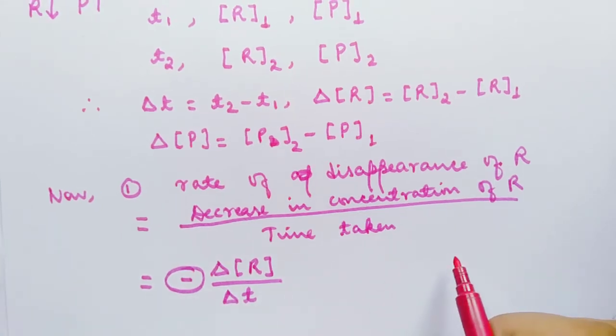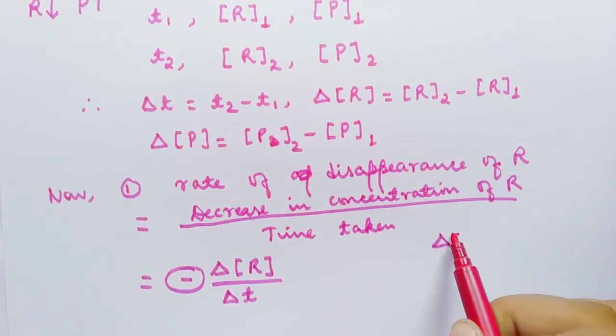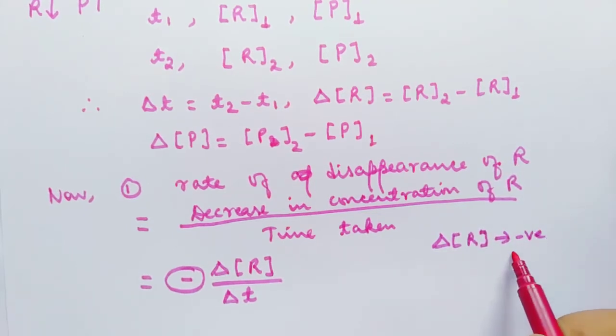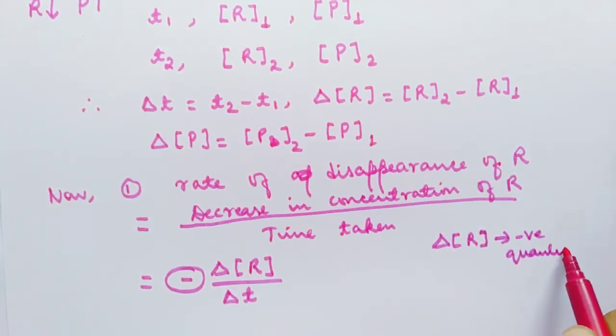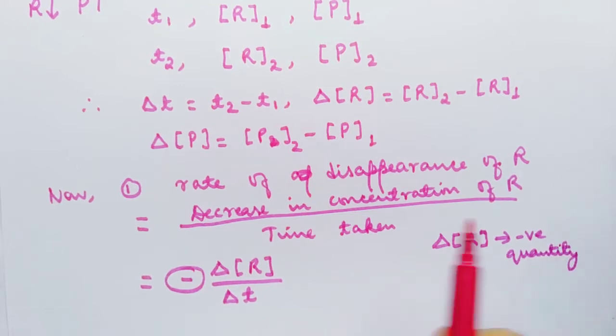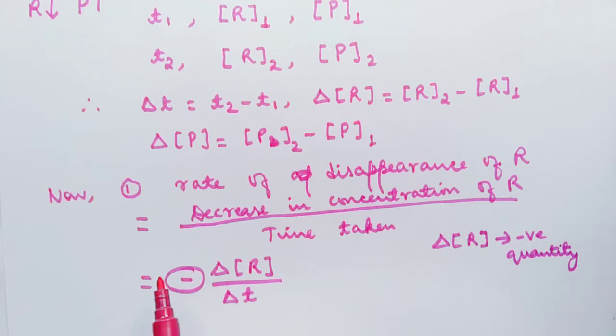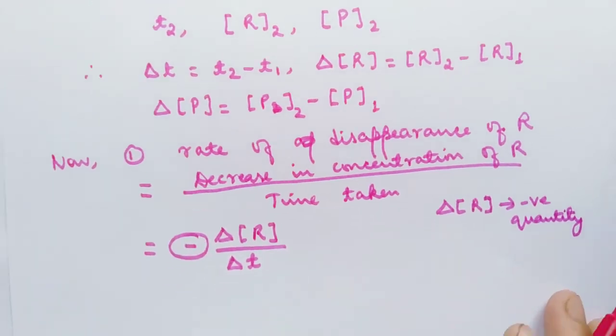See here, we know that as the reaction proceeds, the concentration of the reactant decreases. So this would be a negative quantity. So in order to make the rate of disappearance of a reactant R positive, we have to multiply by -1.